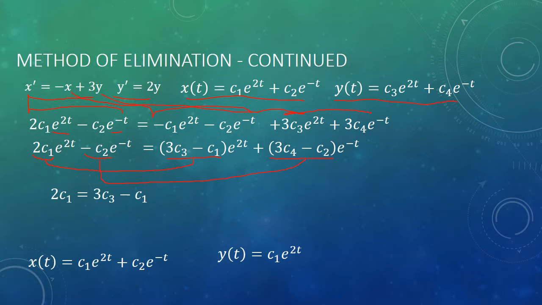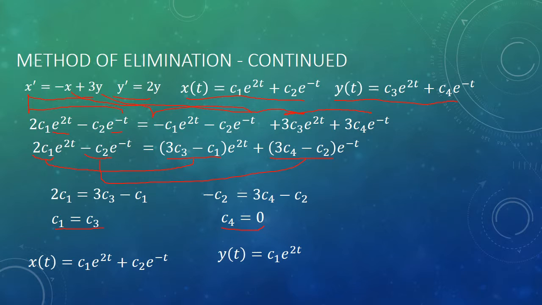So if we do that, I get 2 equations with 2 unknowns. I've got my 2 equations, and if we start solving them, I find out from this equation that C1 has to equal C3. So I've taken 2 constants and made it 1 constant, because those 2 have to be equal. And from the other one, I find out that C4 has to equal 0.